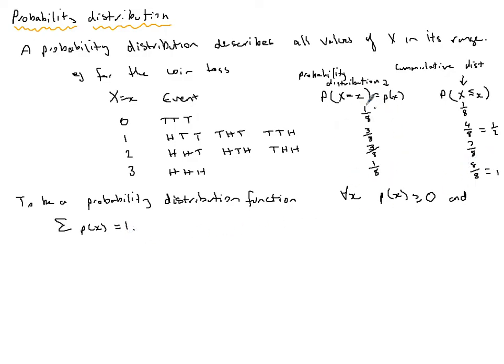So if I add all these probabilities up, I'm going to get 1, and all the probabilities have to be greater than 0. And this statement here covers all cases that construct a probability distribution function.